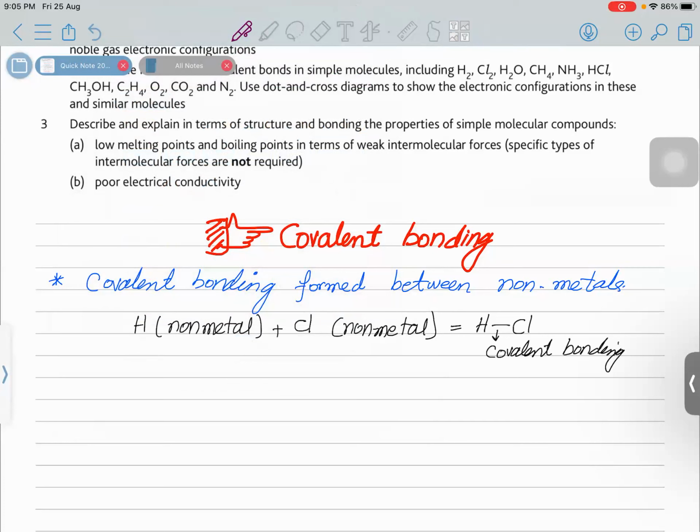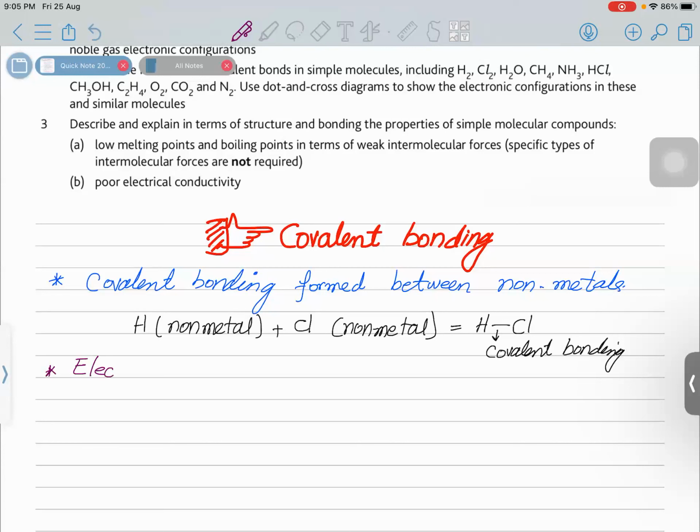Yes, sir. Now, in covalent bond, as you know that in ionic bonding, electrons are transferred completely, right? In ionic bonding, electrons are completely transferred. No chance of return back of electrons.